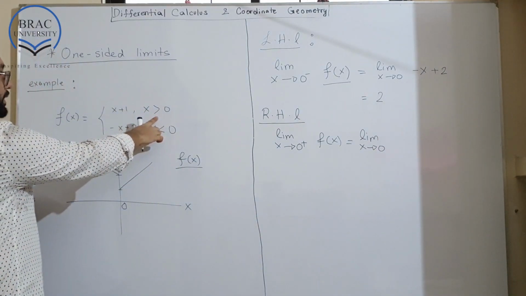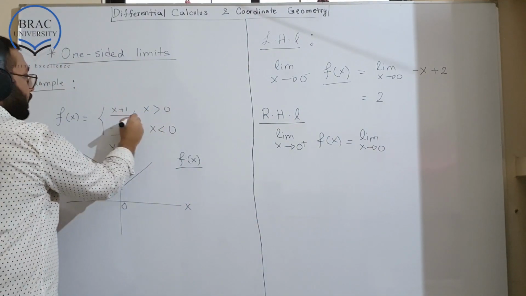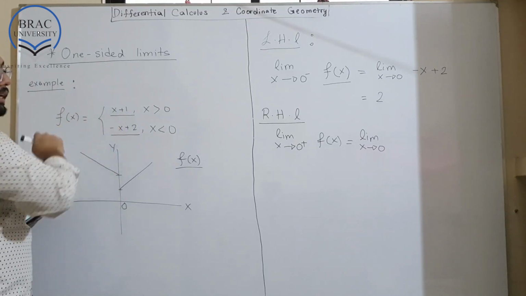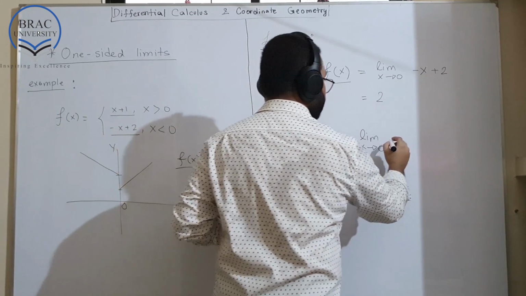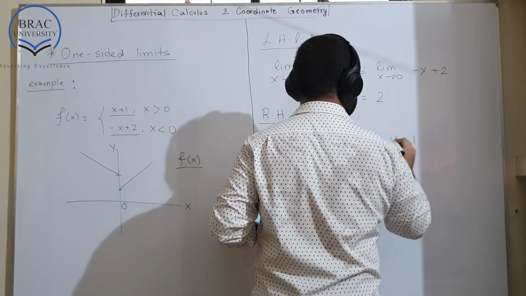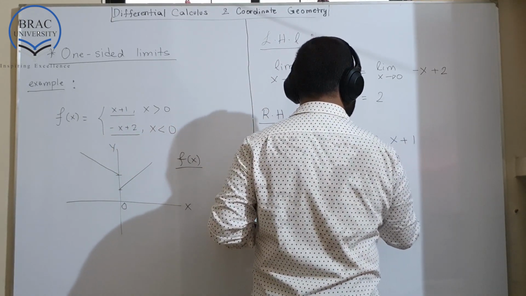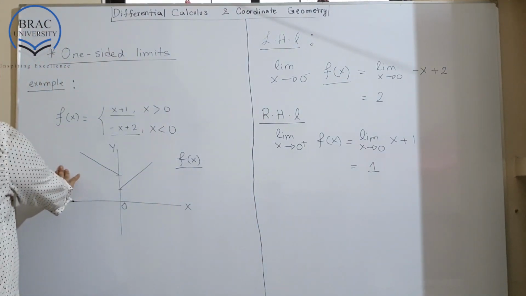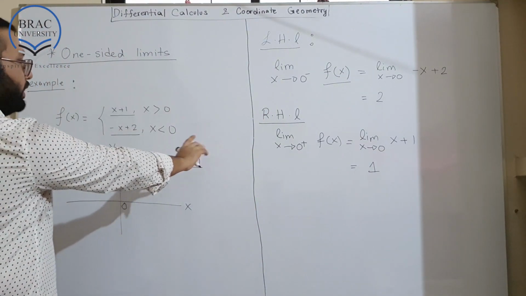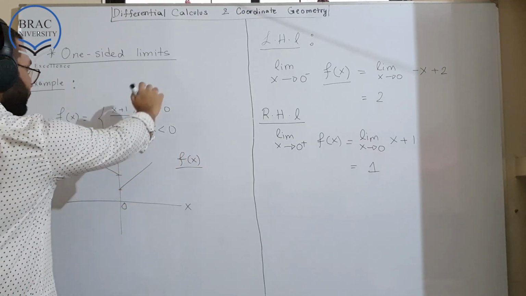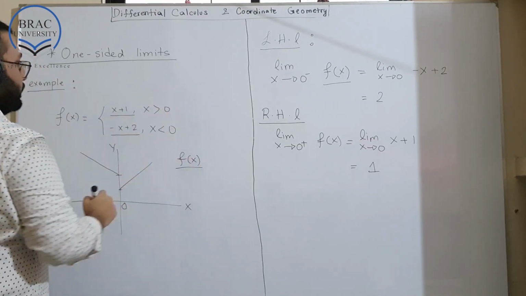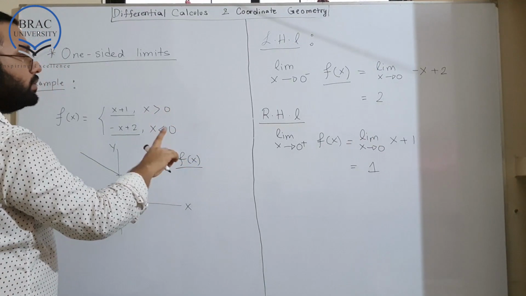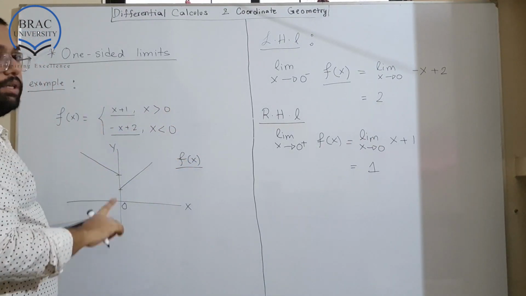When values are greater than 0, our function is x plus 1. So 1. This is the left hand limit and right hand limit when x approaches 0 for this function. Notice they're different, and this is the idea we'll use when we define continuity.